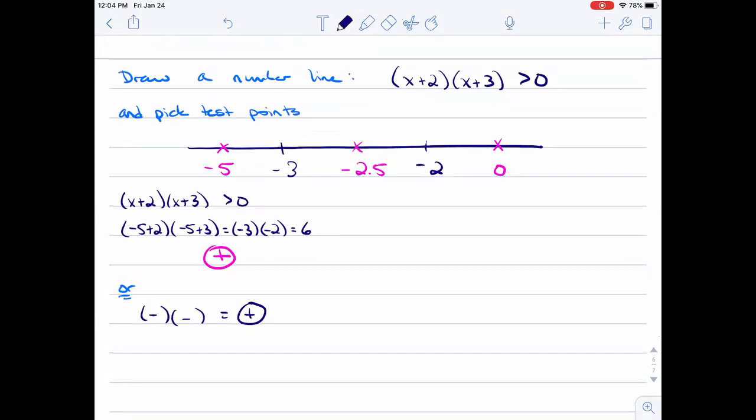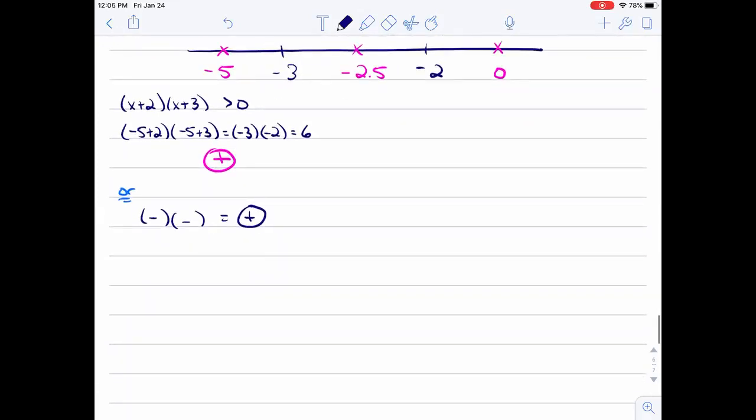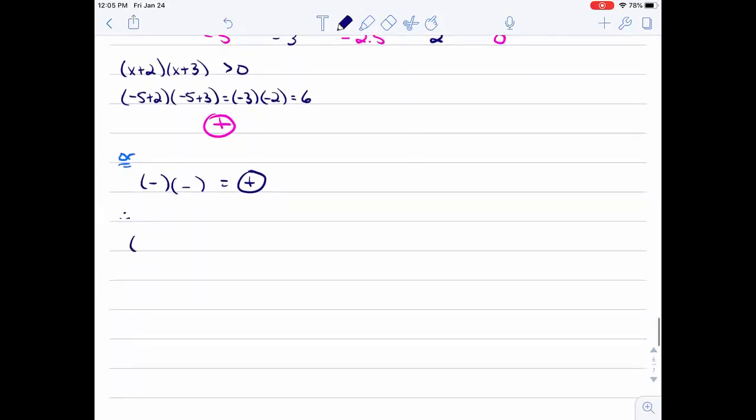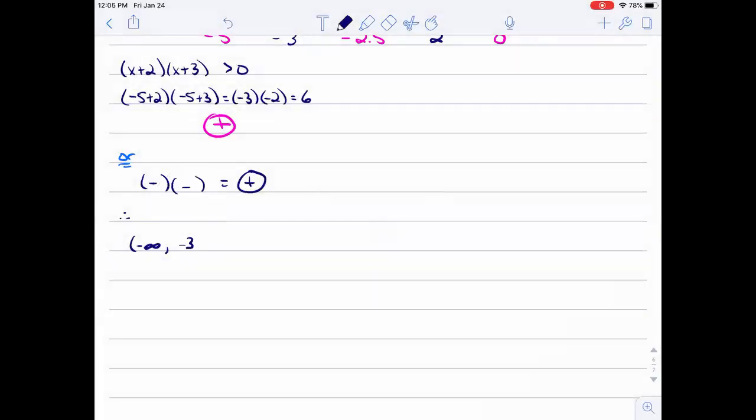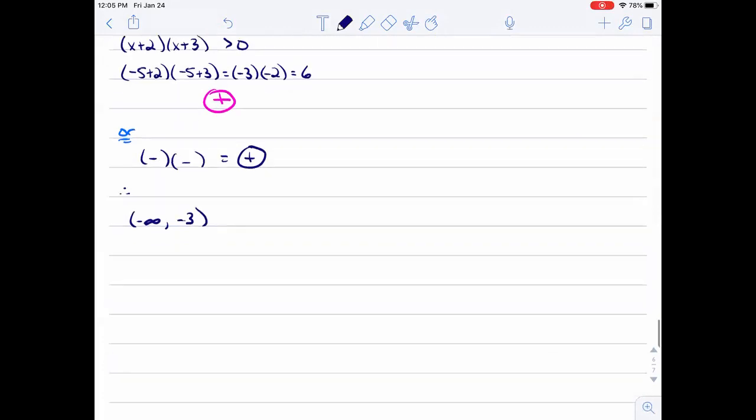So if we rewrite this in interval notation, we would say, therefore, negative infinity up to negative 3, round bracket, satisfies the inequality.